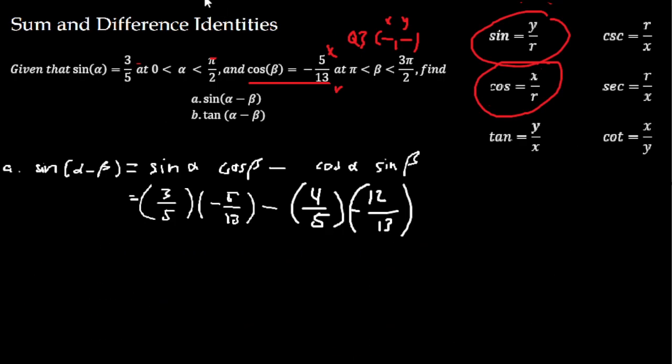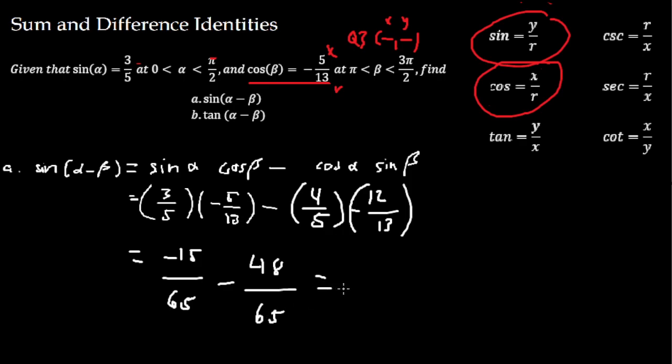Now, using our calculator, or let's just do it manually. 3 times negative 5 is negative 15 over 5 times 13, 65, minus 4 times 12, 48, over 5 times 13, which is also 65.